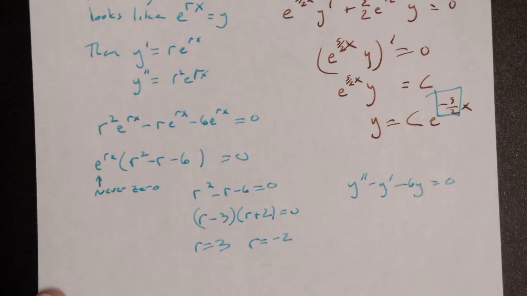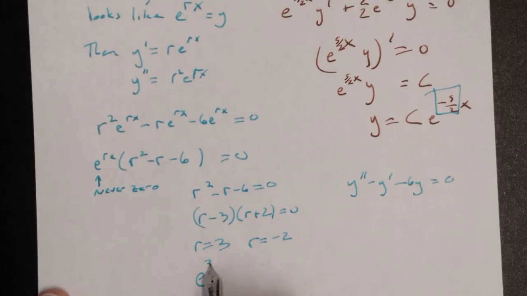I would like you to pick one of these roots and either use e to the 3x or e to the minus 2x. Pick one and plug it in. Does it work?